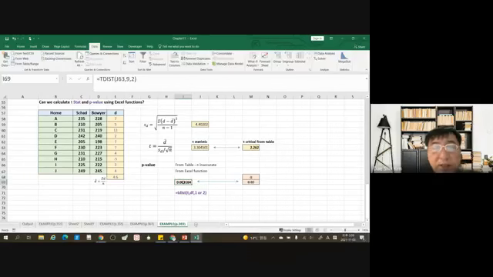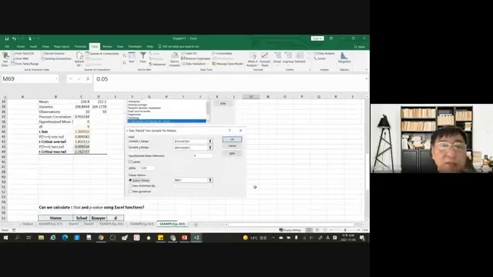So here I use T.DIST with J63, which is the t-value, and the degree of freedom is the sample of 10 minus 1, which is 9. Okay, it's 2 tail, equal or unequal. So the p-value is compared to alpha directly. This is smaller than alpha, so we will reject H0.